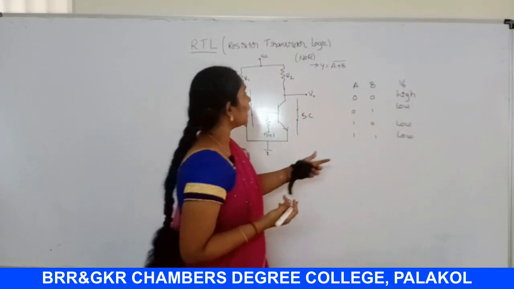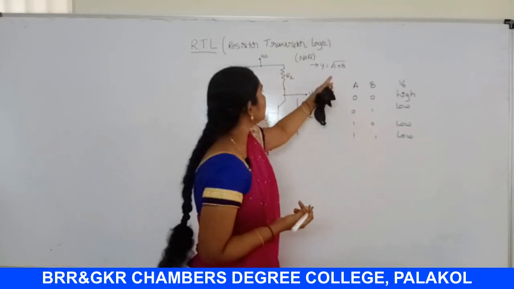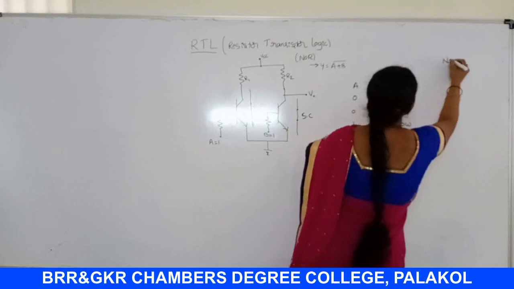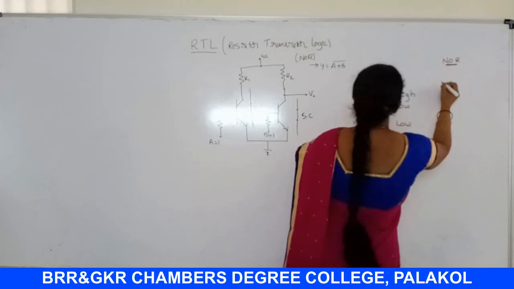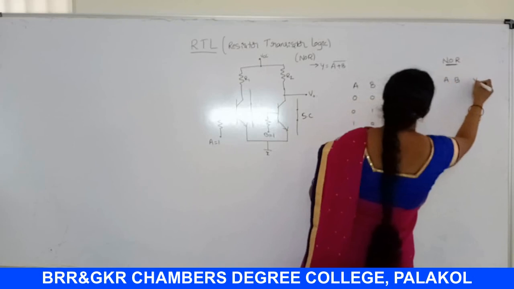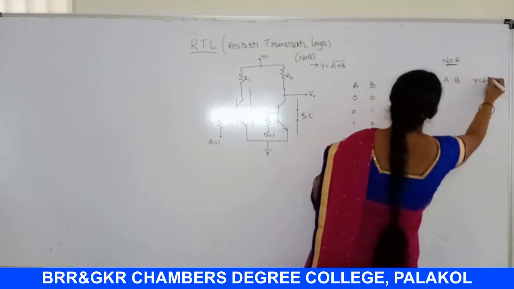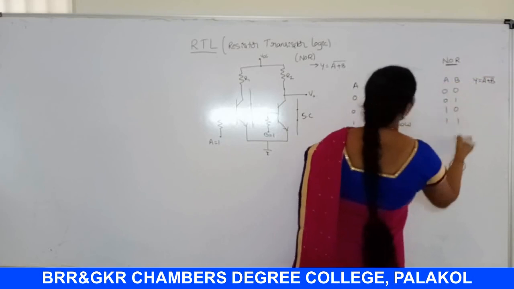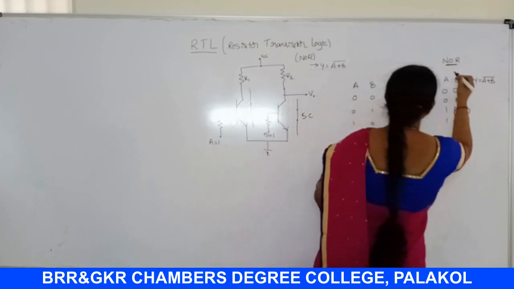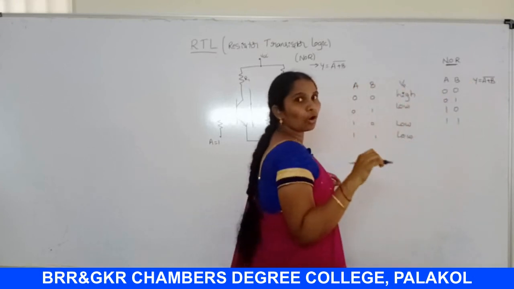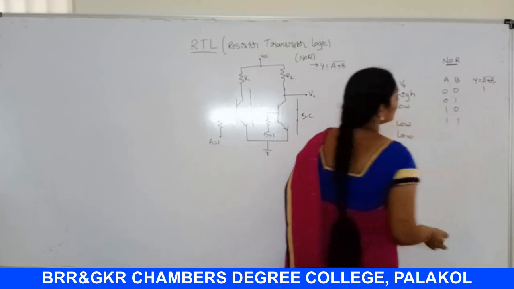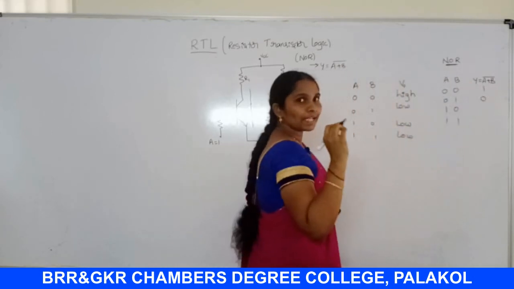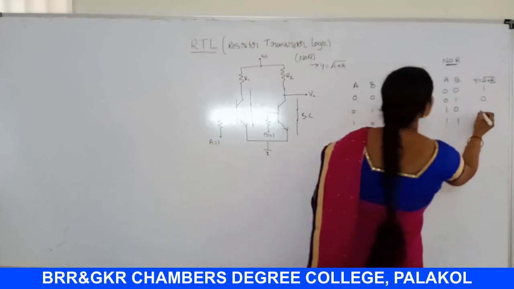Now when we compare this logic with the NOR gate, the NOR truth table is A, B, and Y equals (A plus B) bar: 0 0, 0 1, 1 0 and 1 1. 0 plus 0 is 0, 0 bar is 1. 0 plus 1 is 1, 1 bar is 0. 1 plus 0 is 1, 1 bar is 0.